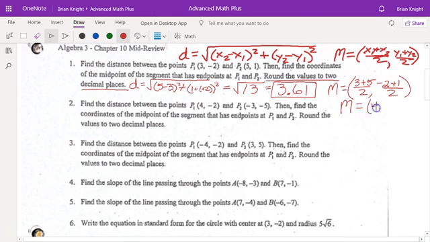So that will be 4 and negative 0.5. Everybody good? Okay.